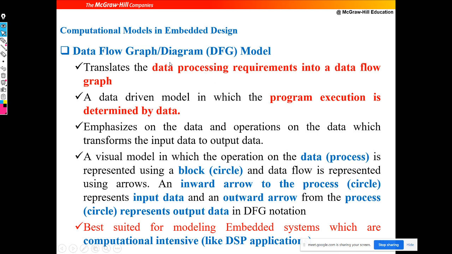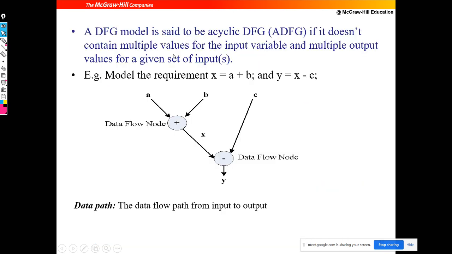So, computational models. We saw some examples, data flow graph or data flow diagram. Let's say you have a model requirement like this: two instructions, x equals a plus b, and y equals x minus c. How can you represent this?